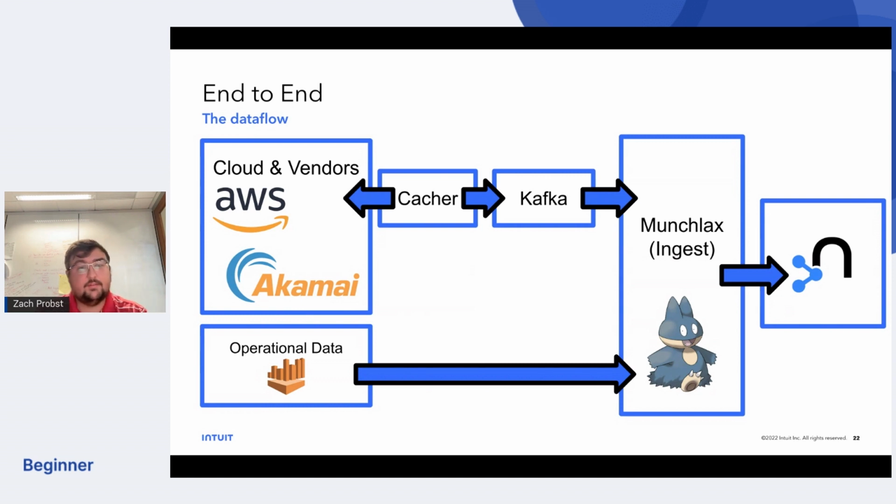And then for vendors where we're scraping APIs and pulling data, we have a cacher that pulls that data and sticks it on a Kafka topic that we then ingest. The declarative ingestion is all the stuff that's in the Munchlax box. Munchlax is the code name for our service that we use to ingest all of this data. And the output, of course, is the Neo4j instance.